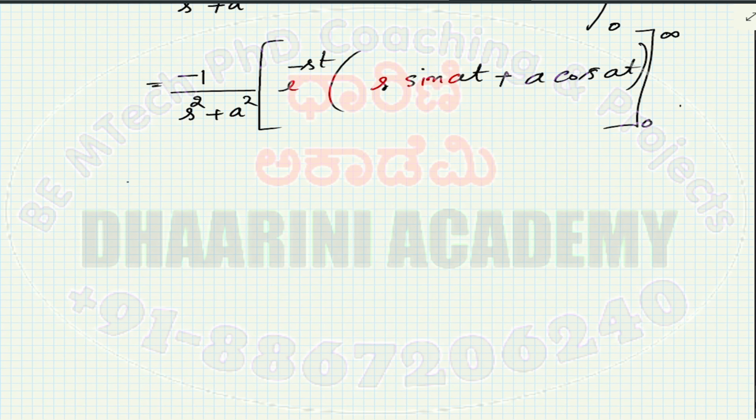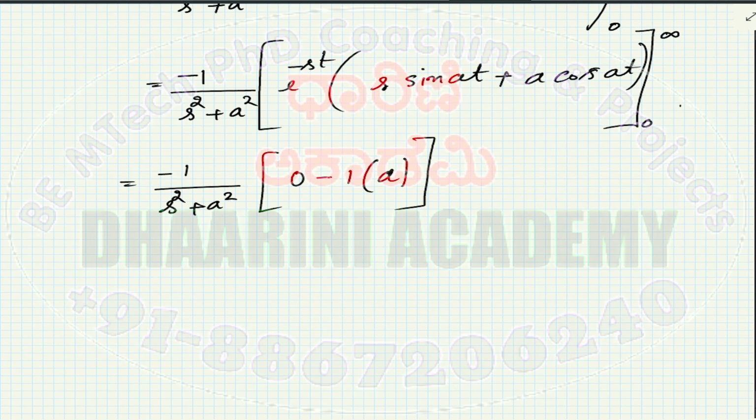Okay, so this is equal to minus 1 divided by s square plus a square. Substitute infinity into this term, I understand that this is 0. And when I put 0 here, sine 0 is 0, so I'm not going to get the first term. And I have a cos 0, so a cos 0 is a. So this is 0 minus a is minus a, minus a into minus 1 is plus a.